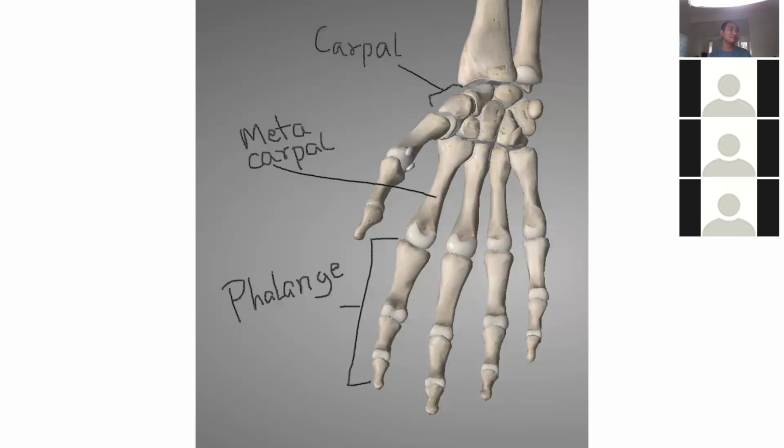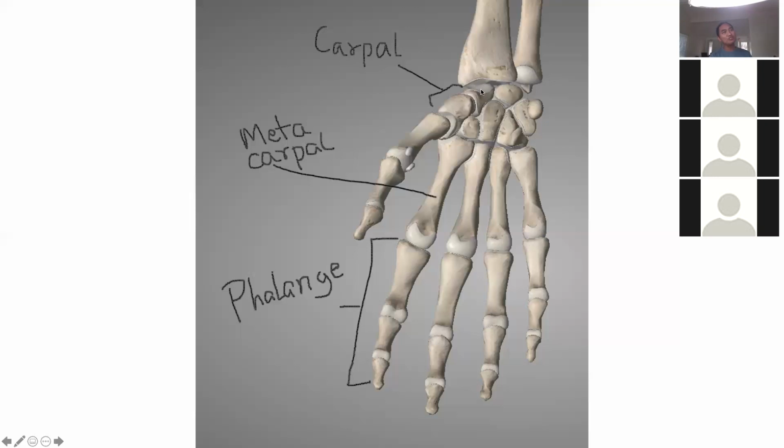Look at that, the radius and ulna. This is our thumb side. This is our little finger side. And we can see small little bones inside our wrist. That is what we call carpal bones, C-A-R-P-A-L.